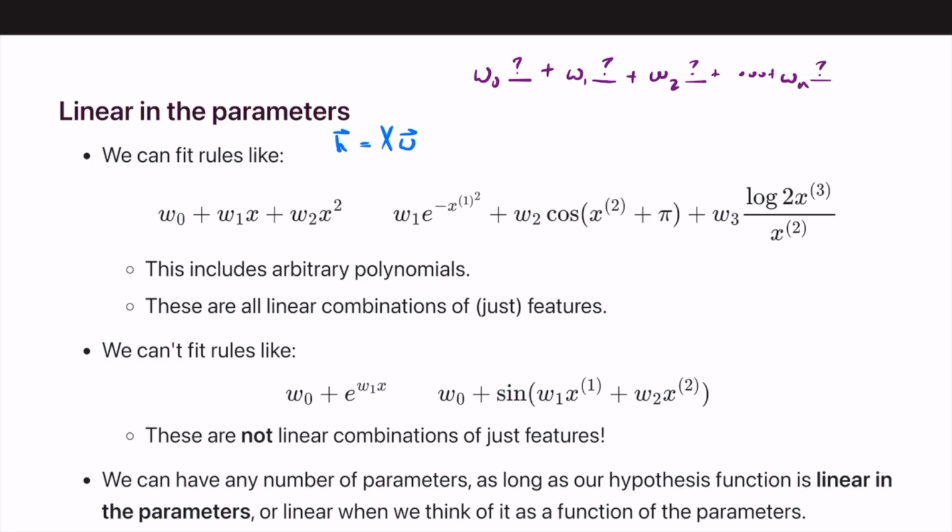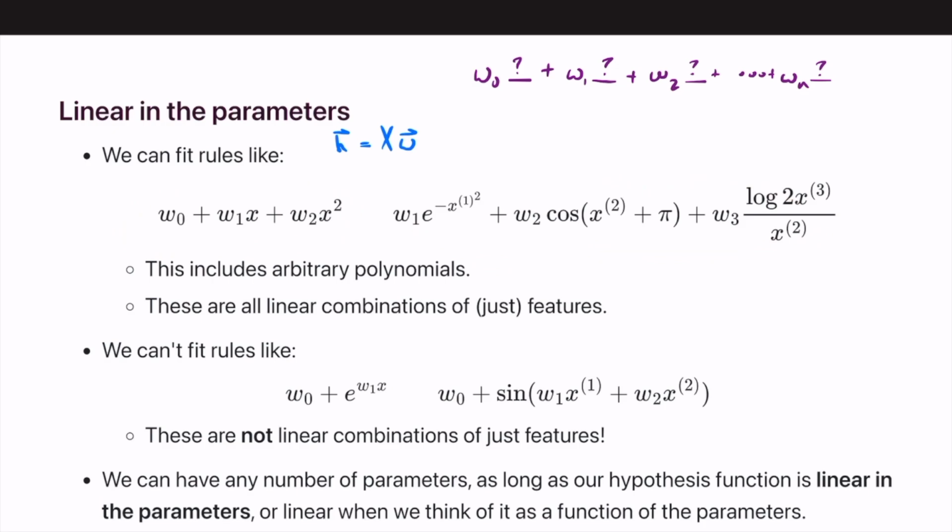We don't really care about what's going on in these question mark areas. What we care about is that the weights are being multiplied to this something, and then we're adding them together. If you look at all of these here, it follows that principle.